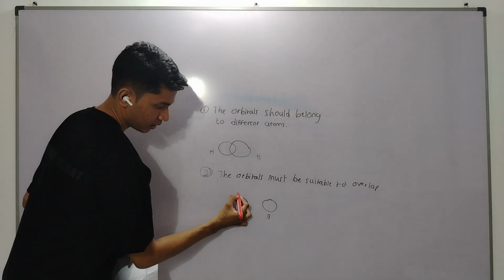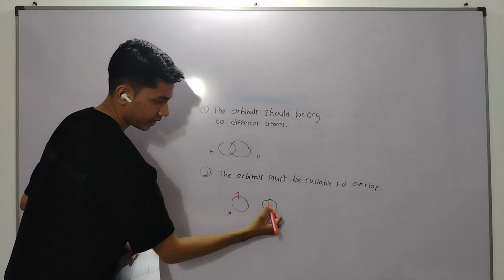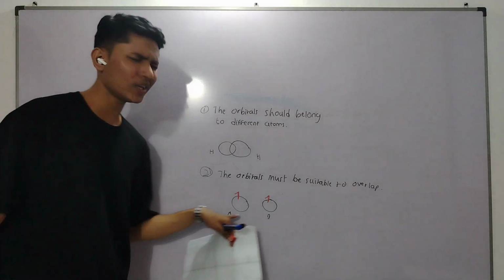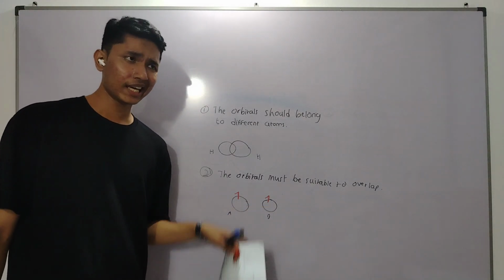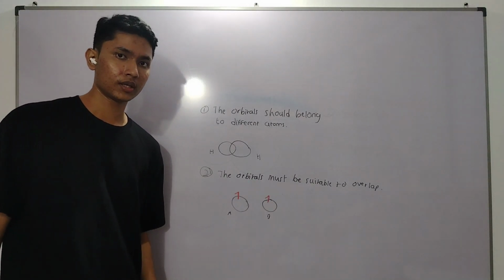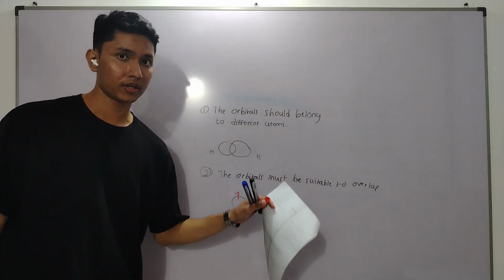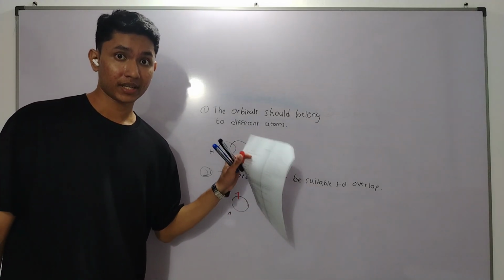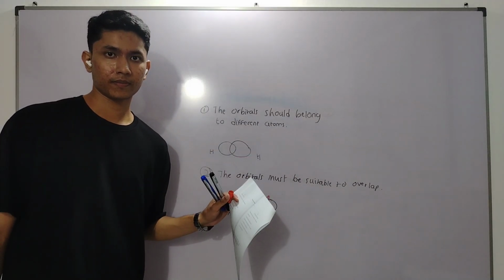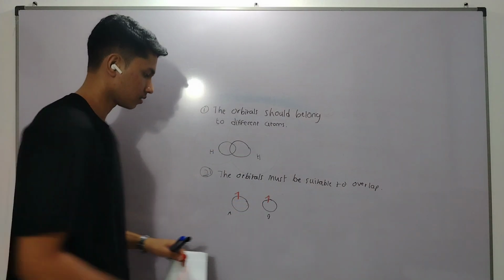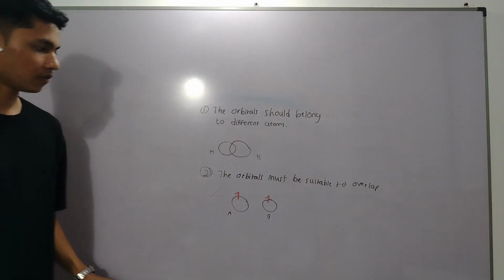Let's say there is one electron here and one electron in the valence orbital of B. Is this suitable to form a covalent bond? To form a covalent bond, there must be a pair of electrons shared between both the atoms. If these two overlap, there's a pair of electrons. This is suitable to overlap.